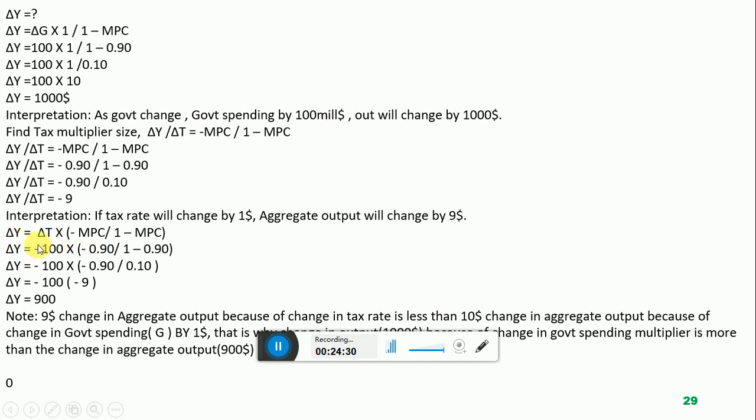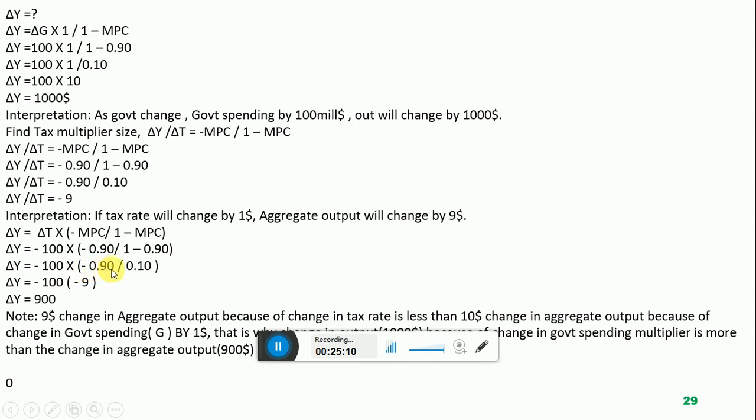Delta Y is equal to change in tax, that was minus $100 million. The government of Afghanistan decreased tax by $100 million, multiplied by, I am again putting the values, minus MPC, 0.90, divided by 1 minus MPC, 0.90. So delta Y is equal to minus 100 multiplied by minus 0.90 divided by 1 minus 0.90, which is 0.10.